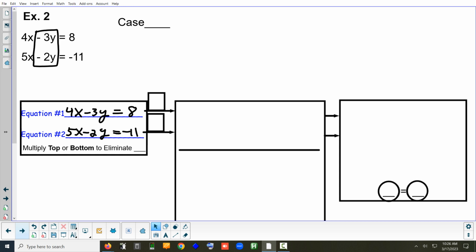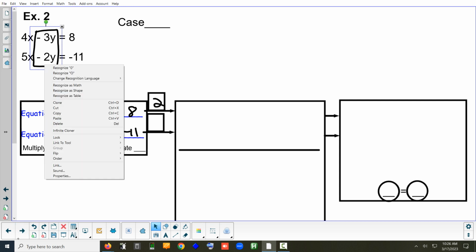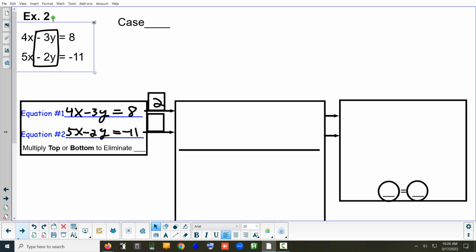So the top equation gets multiplied by something with a 2. Let's just put that there temporarily. And the bottom equation gets multiplied by something with a 3. Remember, the column we're focusing on is the y's. So let's just see what would happen to the y's if we do that. What's negative 3y times 2?